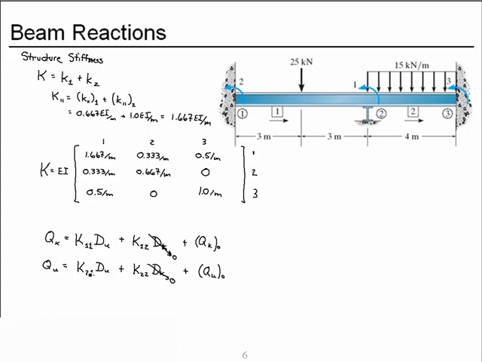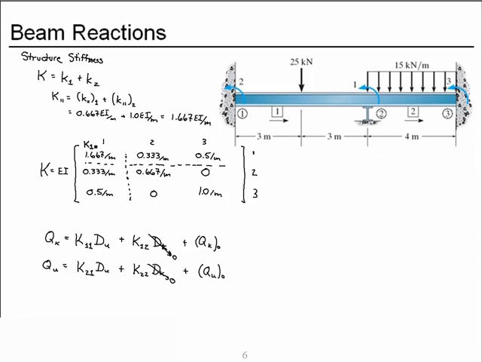So we will need these two chunks from the overall structure stiffness matrix. Our unsupported, our unconstrained or free degrees of freedom are just degree of freedom 1. So I'll divide between columns 1 and 2 and between rows 1 and 2.